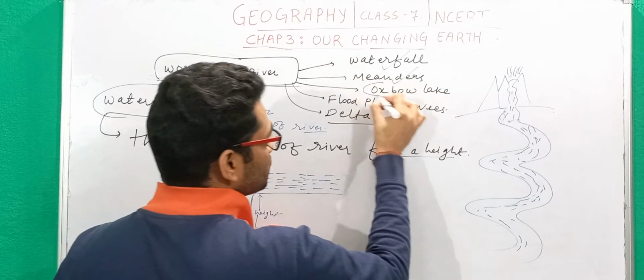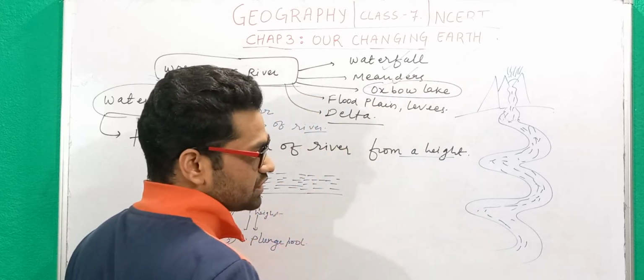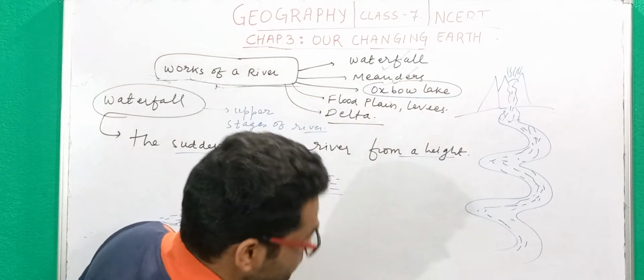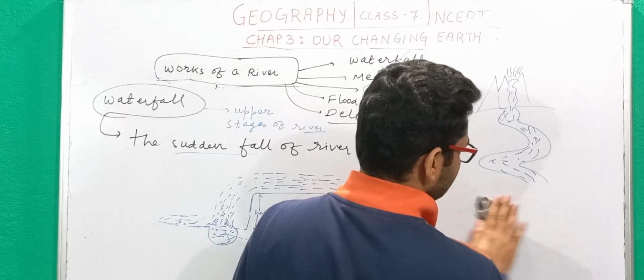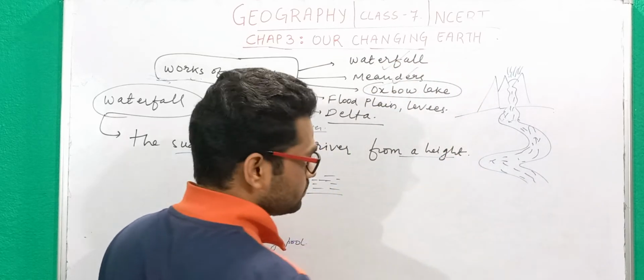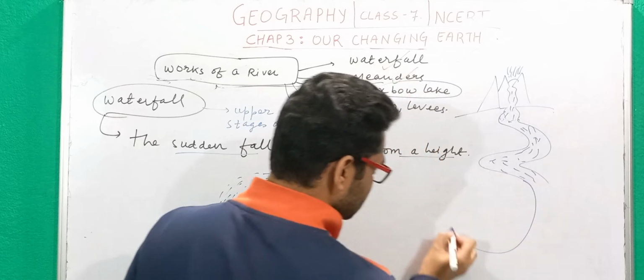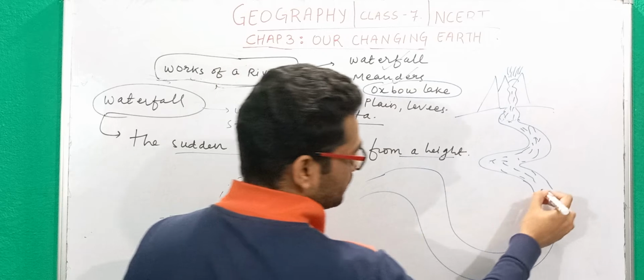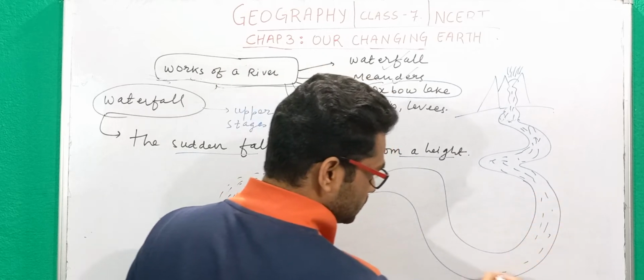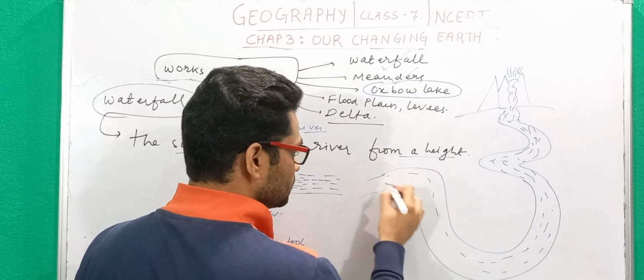Now what is an Oxbow Lake? Let's understand with a little modification in this diagram. Suppose this was the path that the river was following. This is a type of meandering path that the river was following.